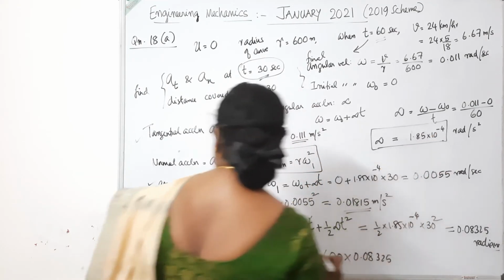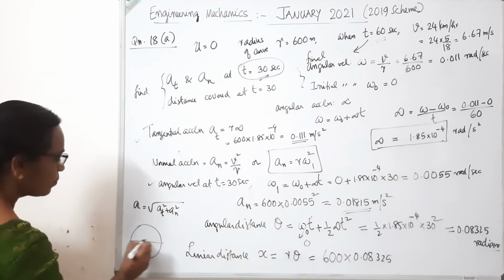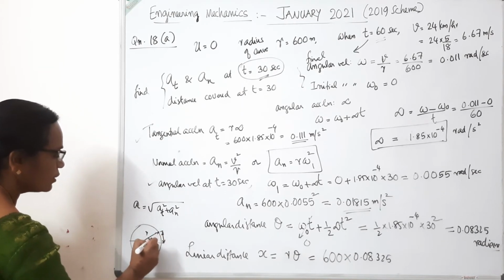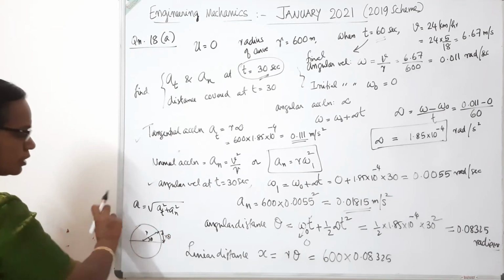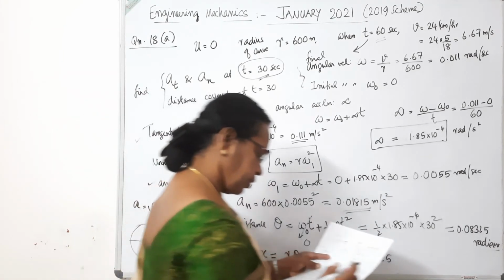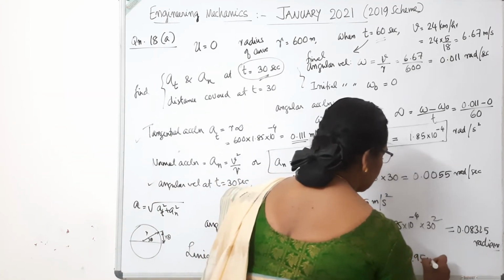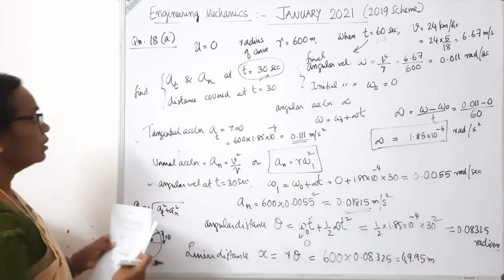That is, if a body is in a circular motion, this is the r. If it is theta, the corresponding distance is r into theta, but theta should be in radian. This is r theta, the linear distance corresponding to this in the curve. R into theta works out to 49.95 meter. And this question is having only 5 marks.